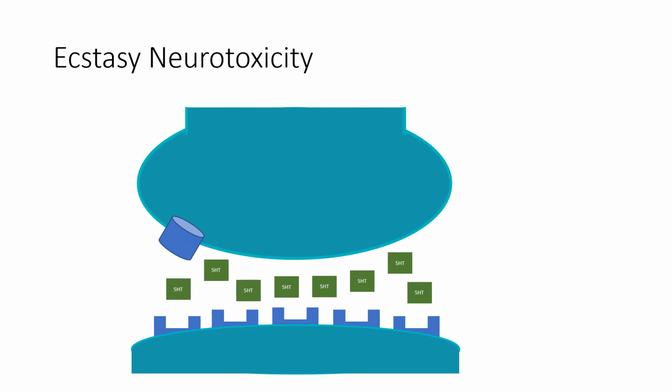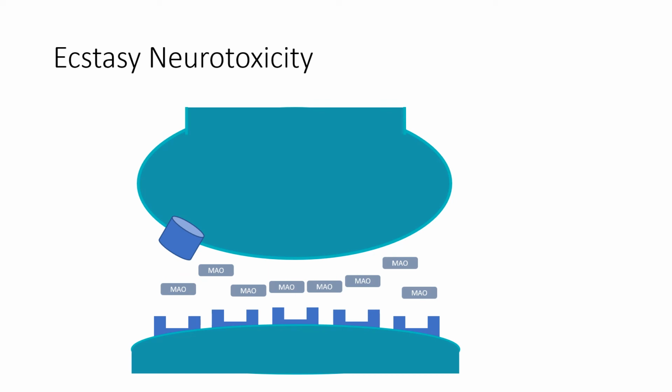So the second stage of ecstasy neurotoxicity is where MAOs come in and essentially they deplete the serotonin. So nothing's been reuptaken, there's been a rapid release, so there isn't as much serotonin in the gap anymore, there isn't as much serotonin in the presynaptic membrane.